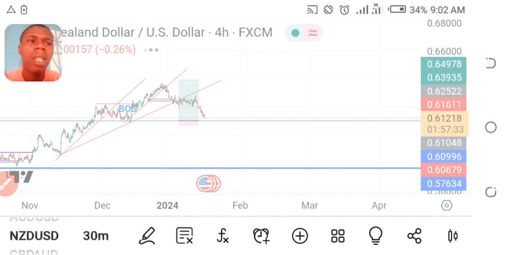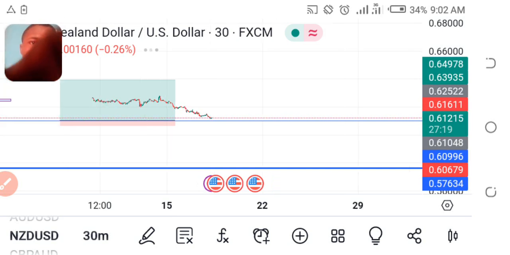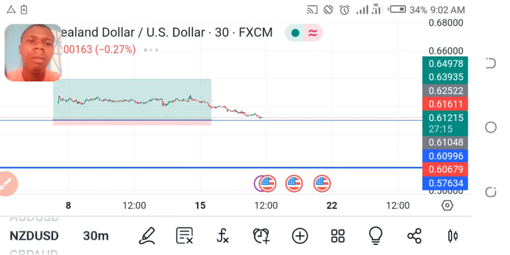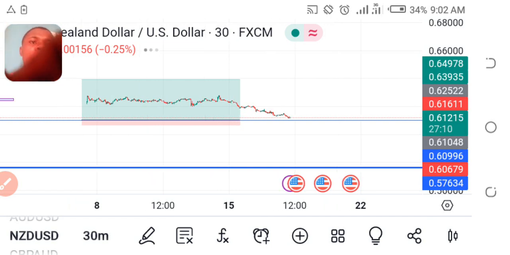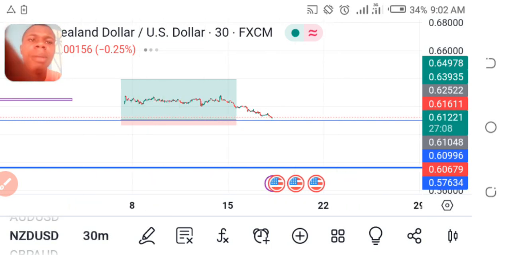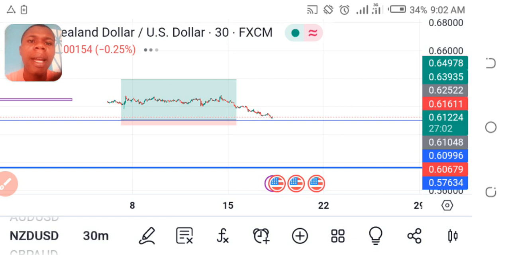Okay, let's check 30 minutes and see what we can understand about the same chart pattern that 30 minutes is doing here. As you can see, the 30 minutes candles are always big, so I advise traders to always look for opportunities in the higher time frame. Once you have the big picture of what the higher time frame is saying, you will know that this market is bullish.